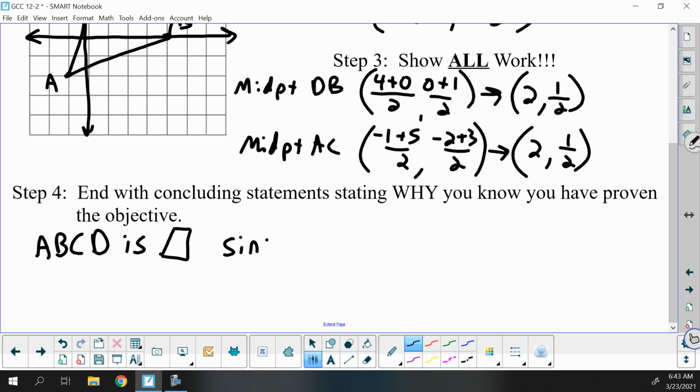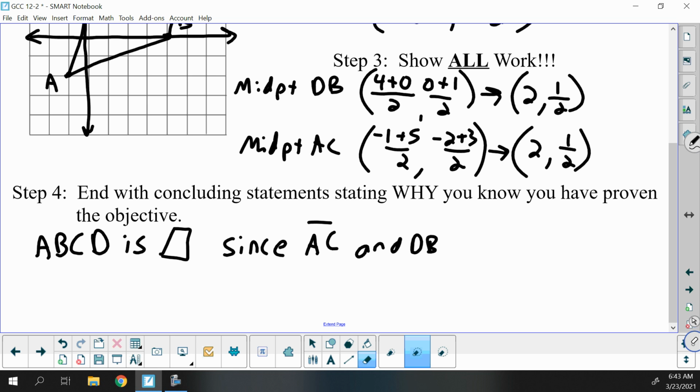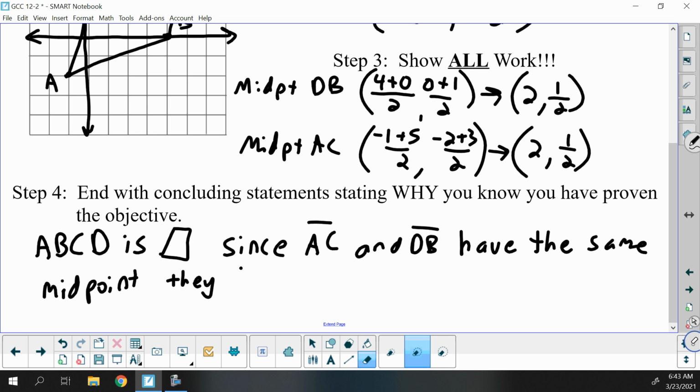So since AC, sorry, not AD, AC and DB have the same midpoint, they bisect each other.